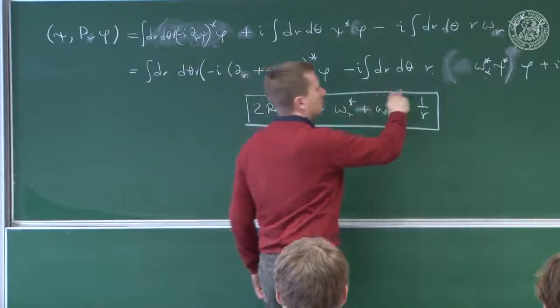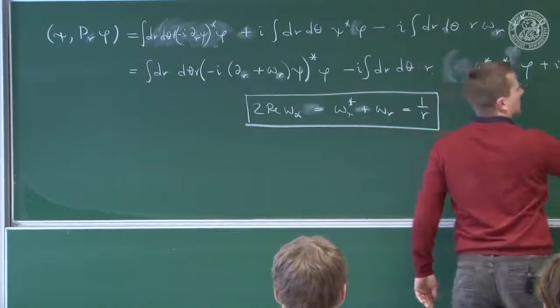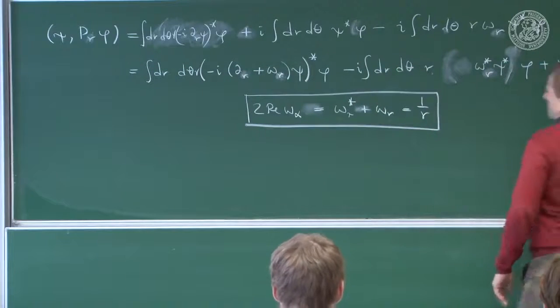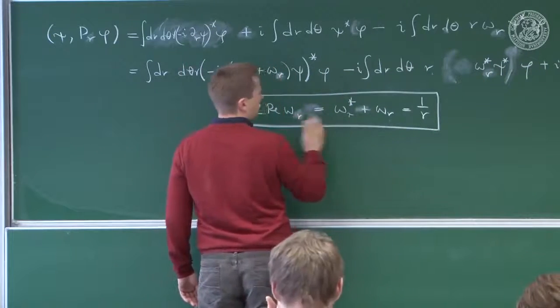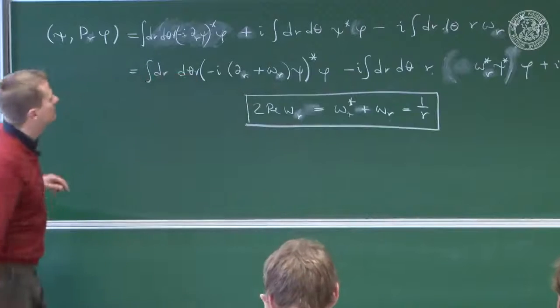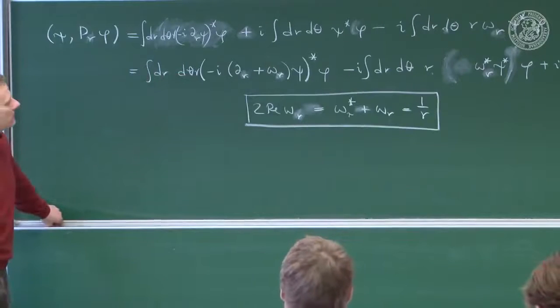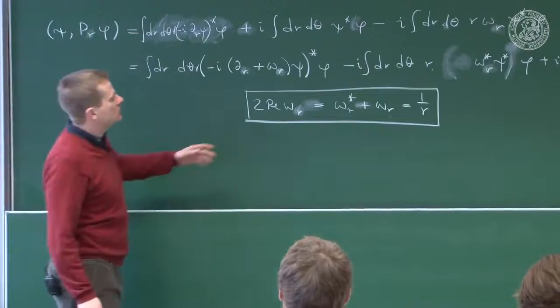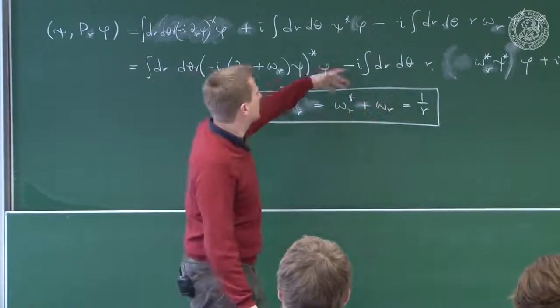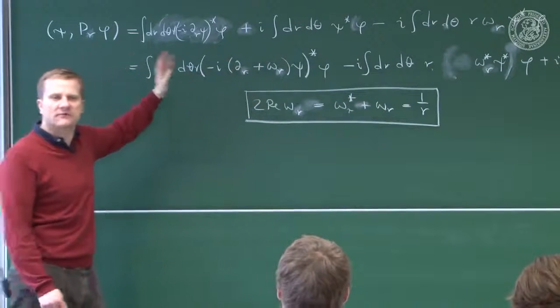Omega r, omega r, omega r. So this is the omega r. Yeah, that's okay. Good. Okay. Anyway, so that was what we wanted to see, and we can choose the imaginary part to be 0, and nothing changes. Everything works out fine.